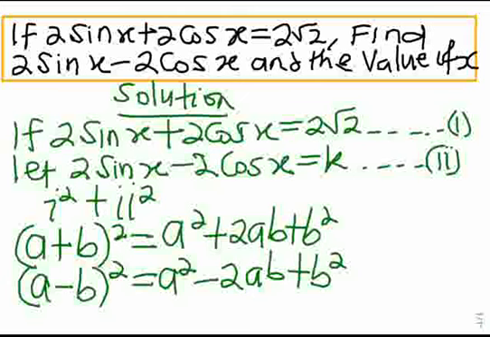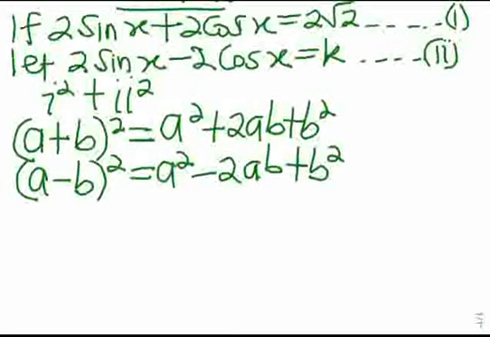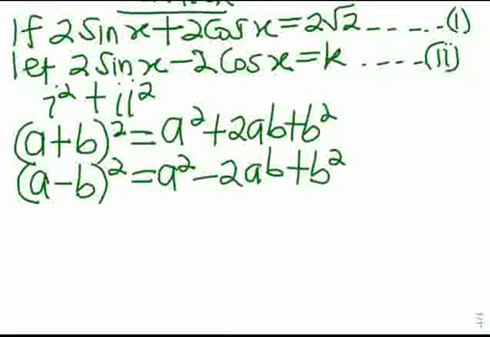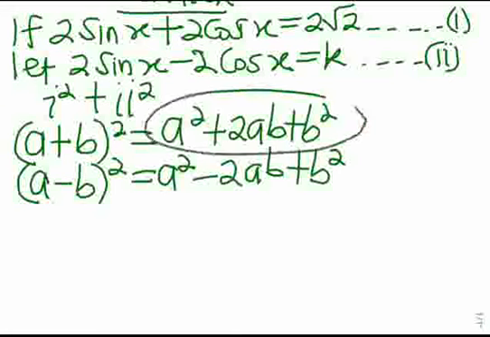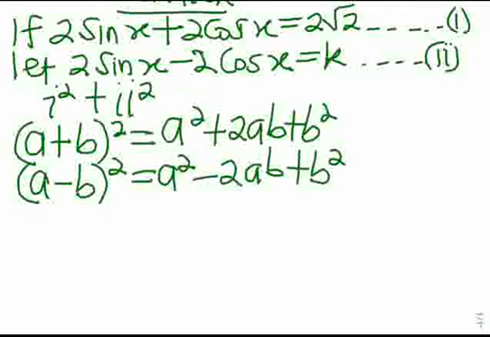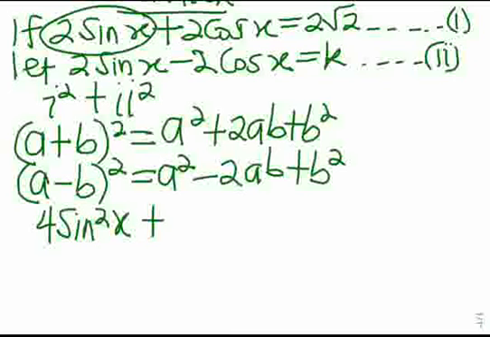So now let's go on and expand. Expanding the first equation will follow this principle. a square means we are squaring this. When you square that, 2 sin x multiplied by 2 sin x is 4 sin square x, plus 2ab means you're using 2 to multiply this a and also multiply that b.